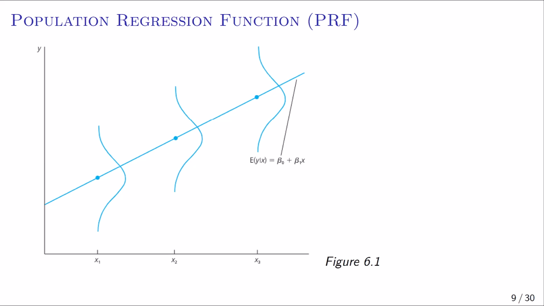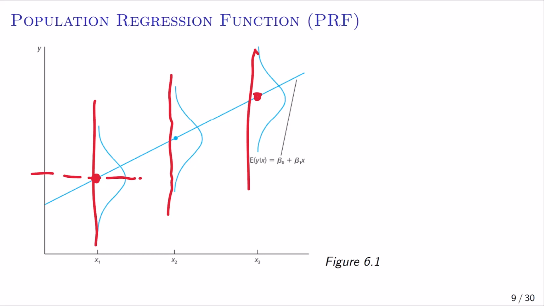Yes, this picture I like very much because think about each curve being bell-shaped, okay? Because you have to look at it this way, okay? And then for the specific value here with x1, that's the mean. You can see there is a vertical line, right? This is a bell-shaped curve, a normal. So this normal curve or bell-shaped curve uses this value as its center, as its mean. What is this value? That's exactly the expected value of y given x.